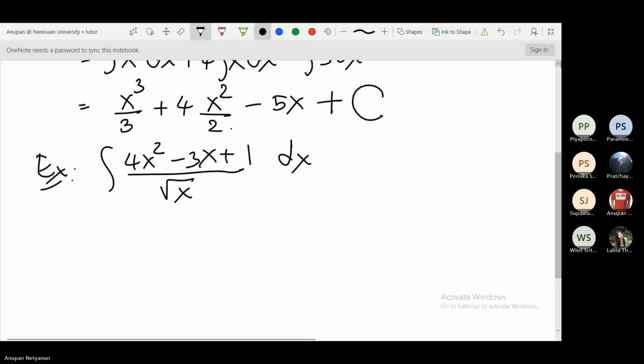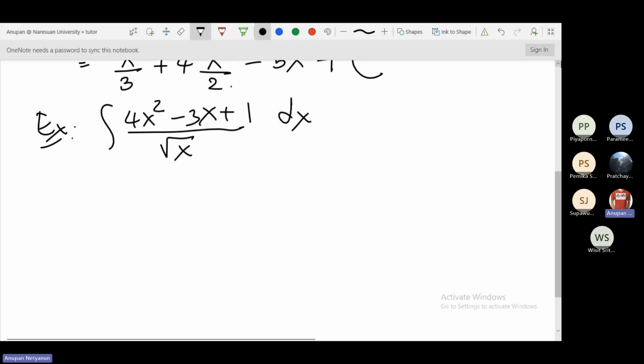We have a similar function like this when we talk about the derivative. But this one we talk about the integral. Derivative and integral are opposite, so they are related to each other in the opposite way. But when you deal with the function, you do it the same way.